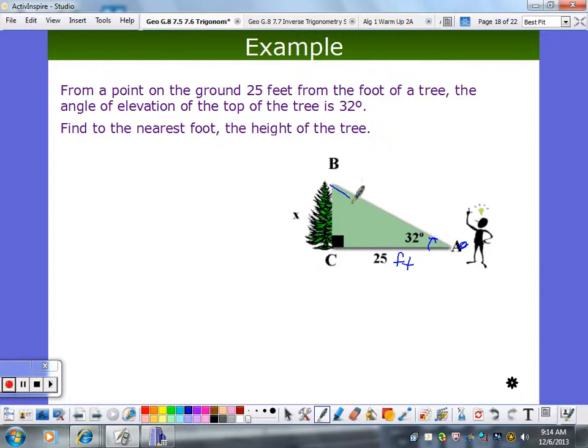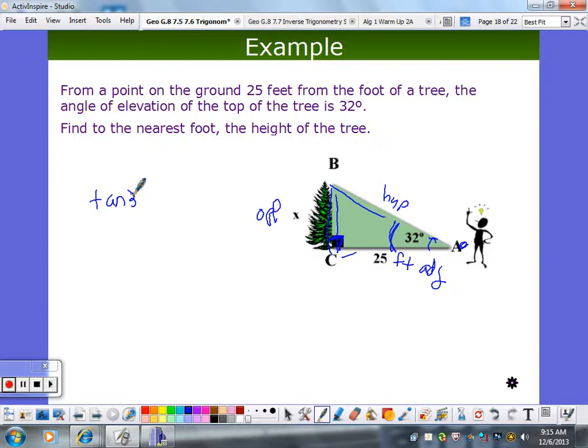So we have to notice, wait a second. We have a right triangle. If, again, we're making assumptions, perfectly flat ground, perfectly upright tree, then this would be a right angle. So I could use tan because my don't know is an opposite. What do I know? Is this an adjacent or a hypotenuse? Adjacent, because here's my hypotenuse. So I can figure this out.